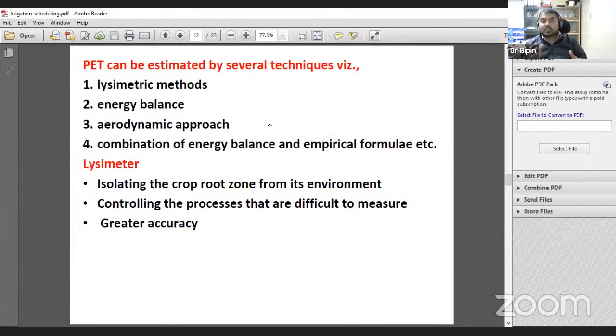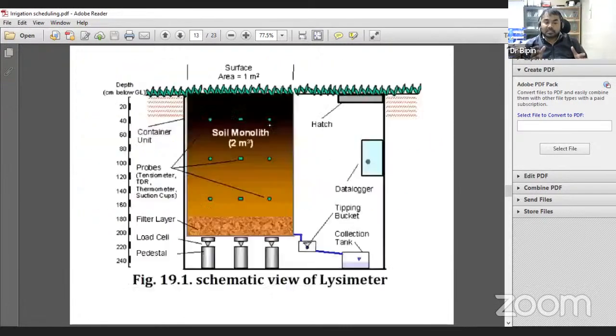A lysimeter is installed near your field, with the same type of crop, cultural practices and soil. We fill a drum to some depth, maybe 1 meter.